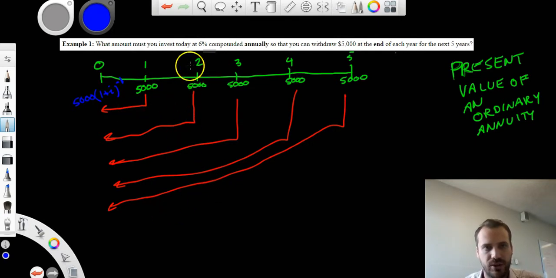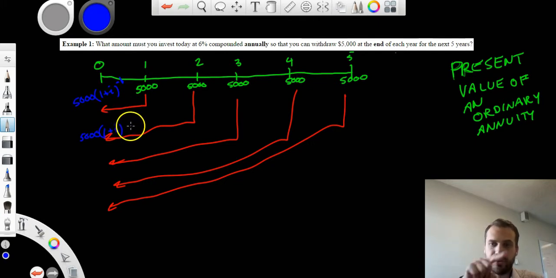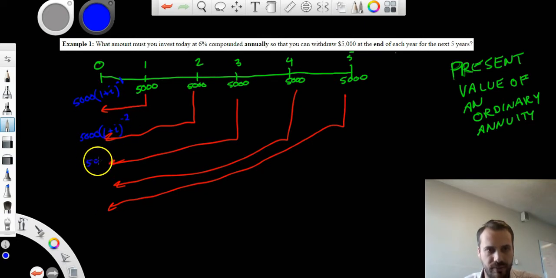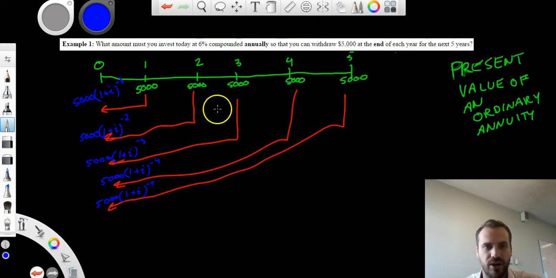Now the present value of this 5,000 is going to be 5,000 times 1 plus I to the power of -2, because there are 2 periods between here and here. And you'll hopefully see a pattern forming. 1 plus I to the power of -3, 5,000, 1 plus I to the power of -4, 5,000, 1 plus I to the power of -5.